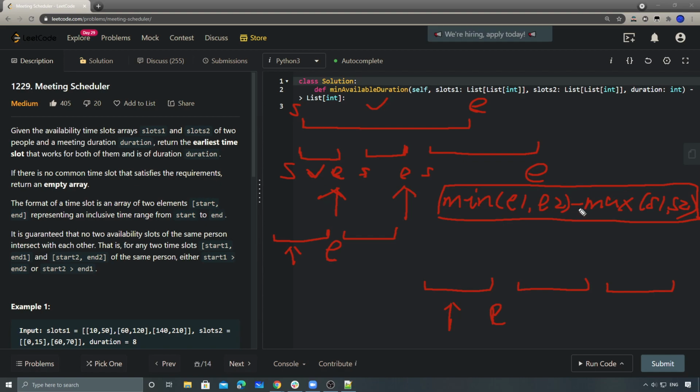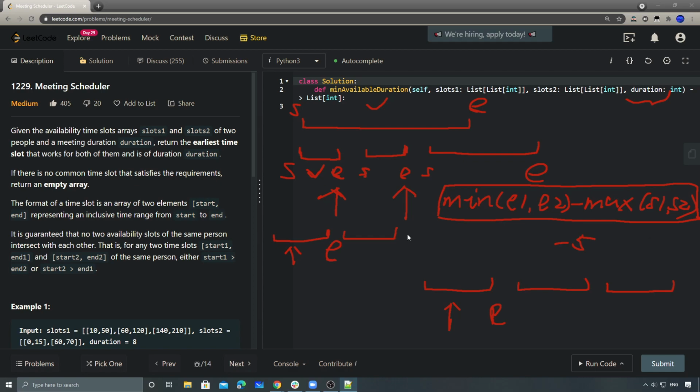If there's no overlap, obviously this will return a negative value. So I think we can simply use this one formula to compare the intervals with the duration, because duration is always a positive number. If there's no overlapping at all, this will give us a negative, and negative will never satisfy the duration. That's why we can use this to check all the pairs.